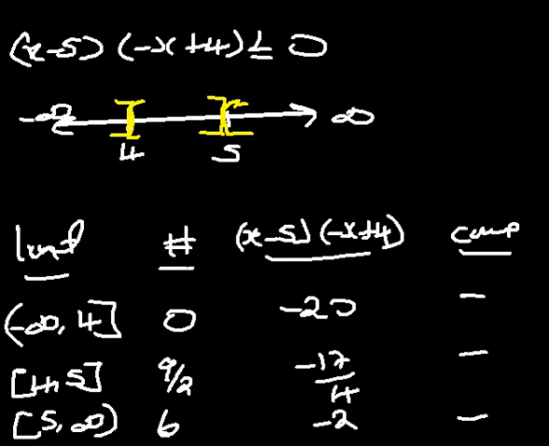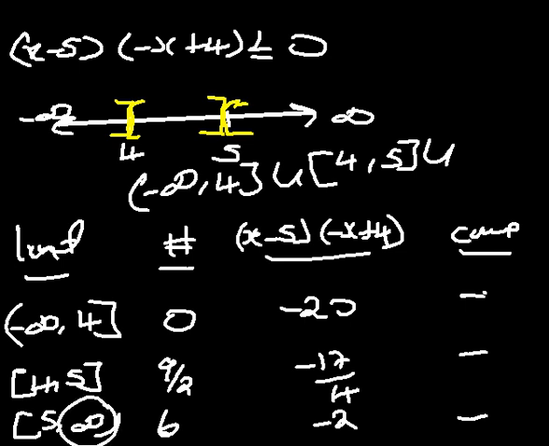Looking at the inequality symbol, less than or equal to, it favors a negative direction, hence we only choose the intervals that give us negative conclusions. So the solution is negative infinity, 4, union 4, 5, and union the other one. So take note of that.